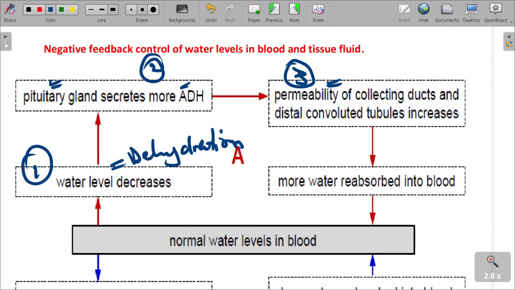So the permeability of the collecting ducts and the distal convoluted tubules increases such that more water is reabsorbed into the bloodstream. It causes an increase in the reabsorption of water in the bloodstream. So when that happens, we are coming back to number 5, which is responsible for what? Water level coming back to normal.